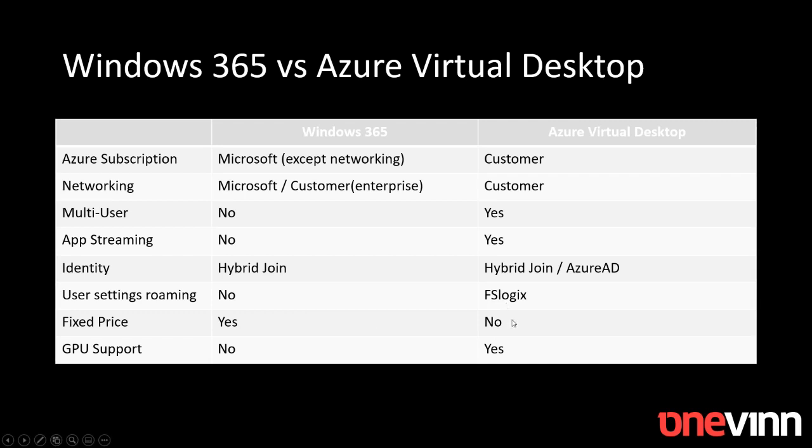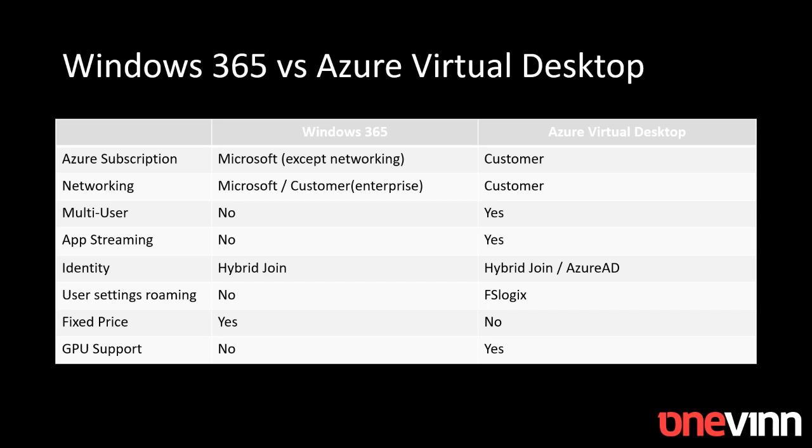But for some scenarios, depending on usage, a multi-user, non-persistent Azure Virtual Desktop may end up being cheaper than a Windows 365 device. So that's some calculations that you need to do before you get started and before you select the different SKU and which one you like as well. In Azure Virtual Desktop, we have GPU support. We don't have that in Windows 365.